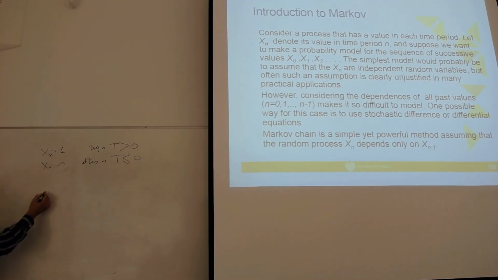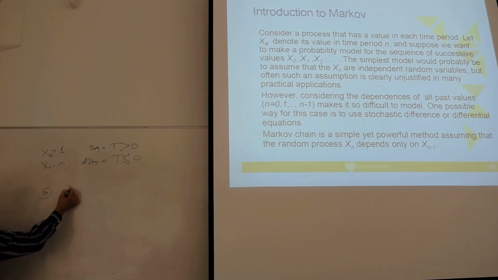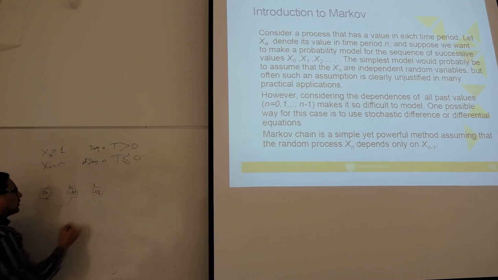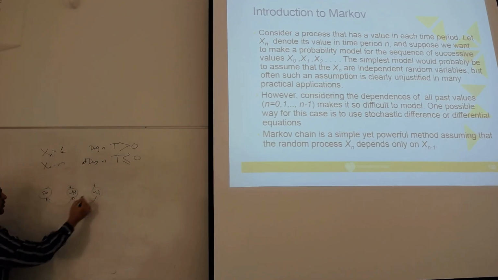So if he starts with €50 and loses €1, he will go to 49. But if he wins, he will get to 51. But if he loses from 49, he will go to 48. If he wins, he goes to 49, and so on.